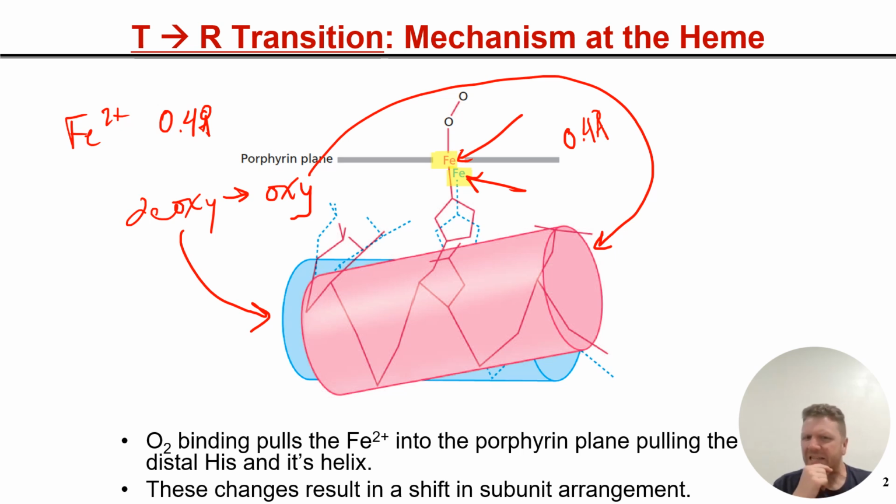But then that iron is coordinated by this histidine ring. If I remember correctly, this was His 93. That histidine ring goes from a lower position in the deoxyhemoglobin to a higher position in the oxygenated hemoglobin. You have to imagine that the movement is approximately 0.4 angstroms.